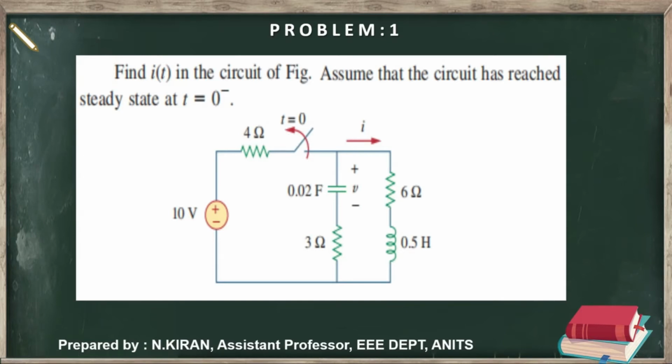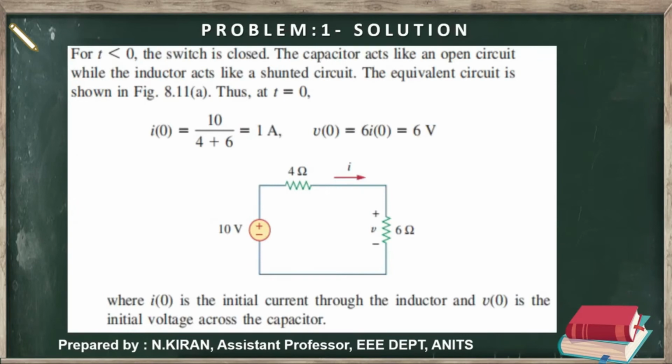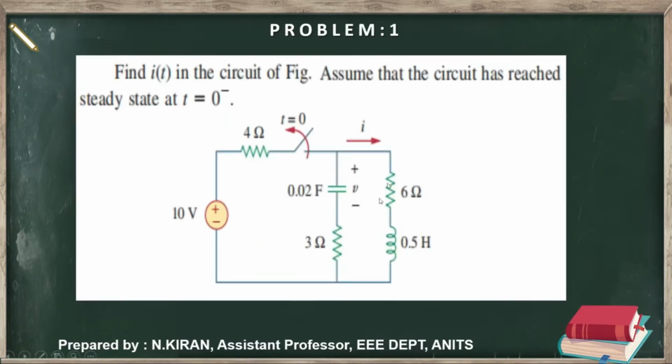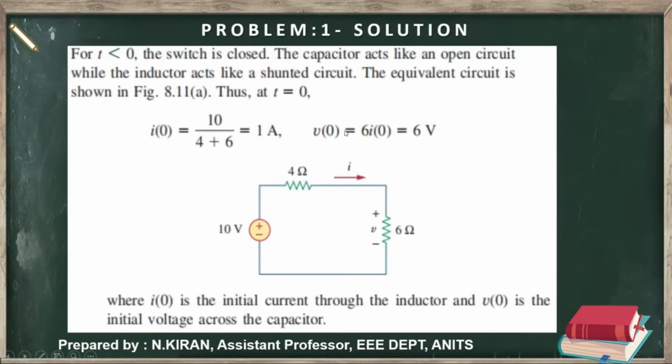Initially, for t less than 0, since the switch is closed, let us assume the circuit is in steady state. When the circuit is in steady state, the capacitor will act as an open circuit. So i of 0 minus will be nothing but 10 divided by 4 plus 6, that is 1 amp.